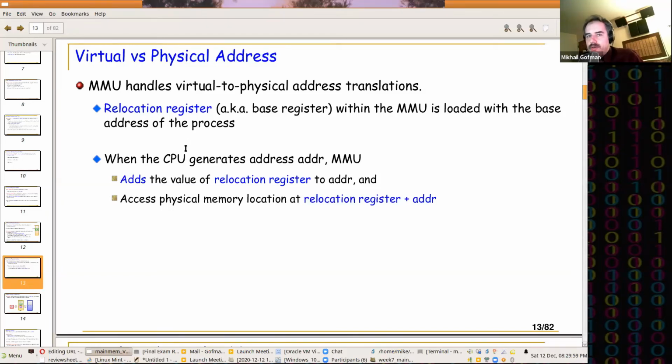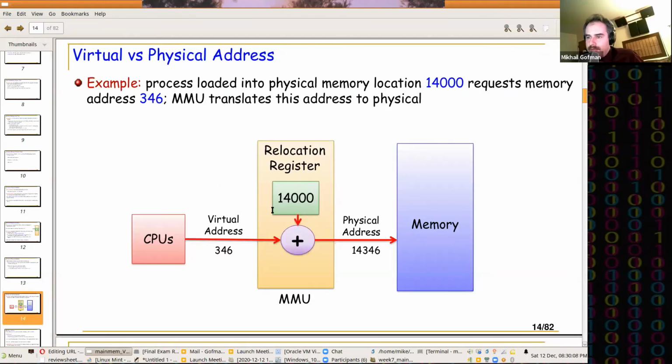Whenever a process generates a virtual address, the MMU will translate it into a physical address by adding the virtual address to the relocation register, which once again stores the physical address of the memory location where the process starts in memory.